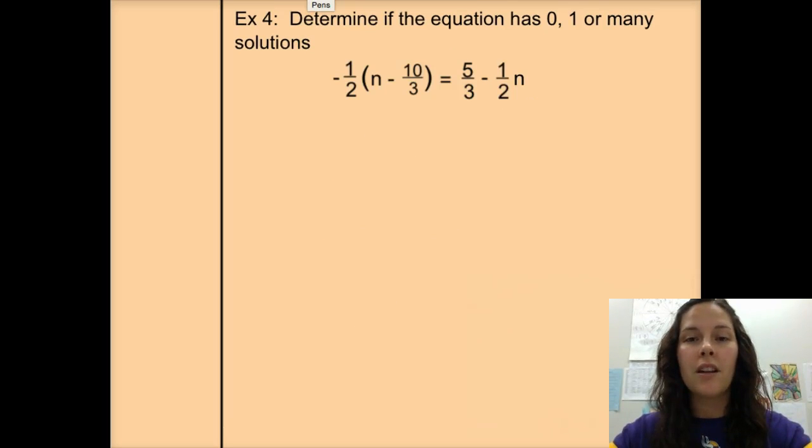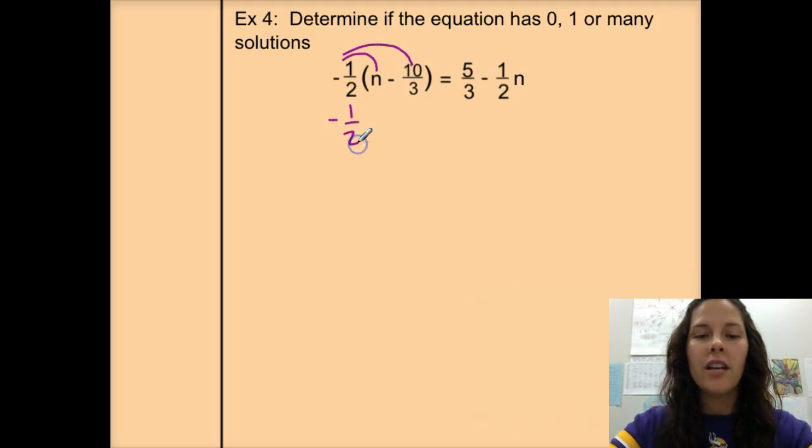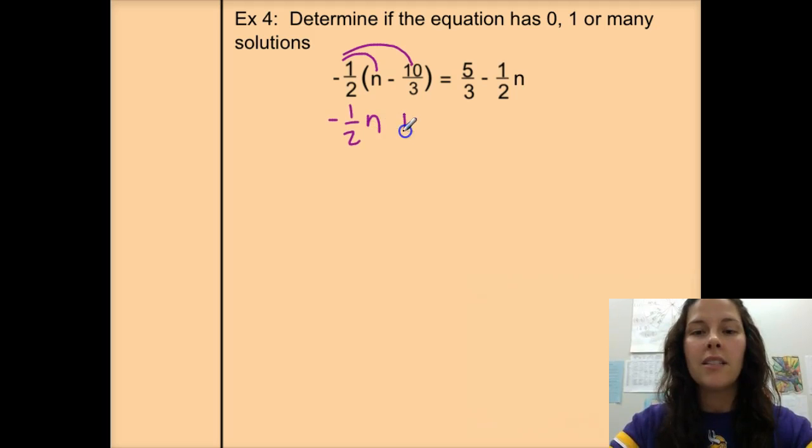My last example is another fractions question. And again, on the left-hand side, we've got some distributive property. So I'm going to multiply everything by that -1/2. So I have -1/2 n plus, because a negative times a negative is a positive, and then multiplying my fractions straight across, 1 times 10 gives me 10, and 2 times 3 in the denominator gives me 6. Equals, my right-hand side is simplified, so I have 5/3 minus 1/2 n. Next, I notice that my 10/6 can be simplified.